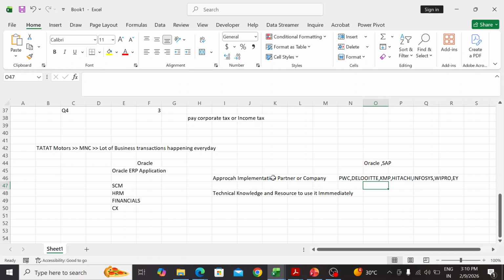So they will approach the implementing partner, and they will ask them to implement this Oracle ERP application for their business requirements. Once they approach the implementation partner, they will get into a deal. You know all these things, but I'm trying to make you understand.